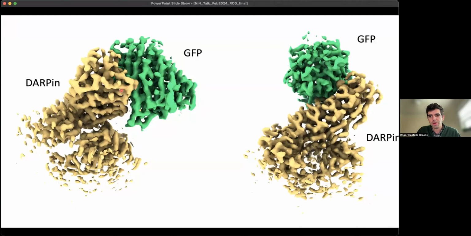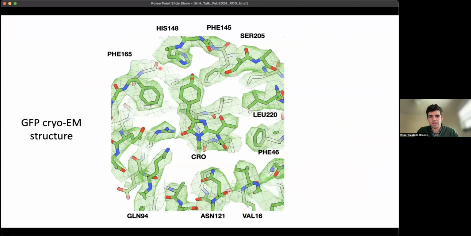And if now we, for example, cut through this GFP, through this barrel, and we go inside it, what you can see is very nice density, for example, for the chromophore, and you can also see density for the side chains around it. So this was pretty exciting.